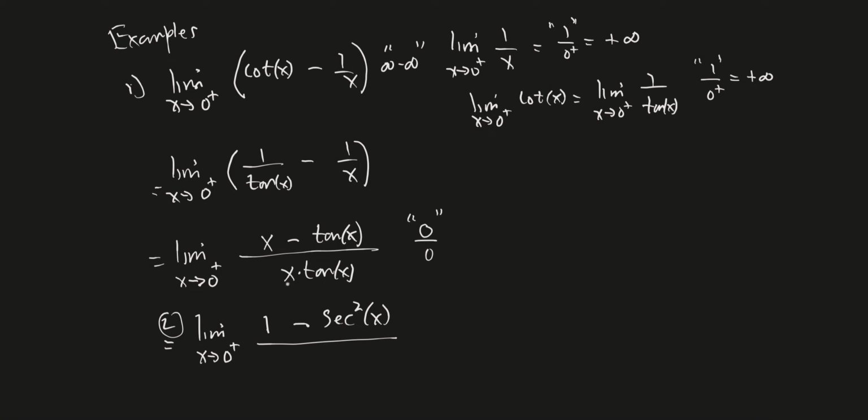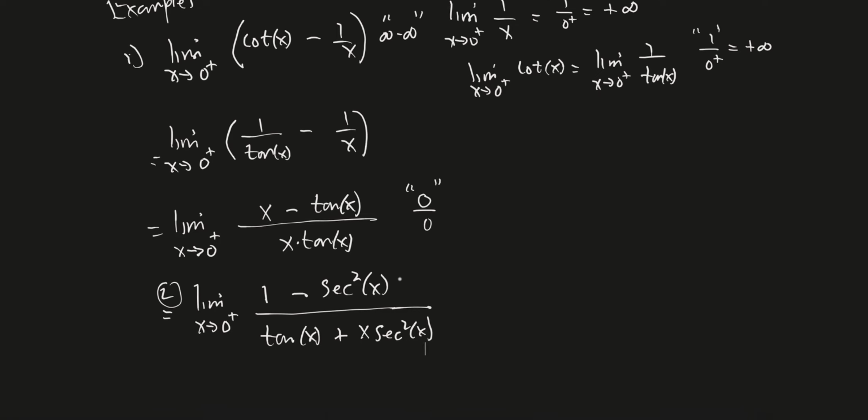So the product rule will give me tangent of x, and then plus x times secant squared x, right? Well, what happens here?